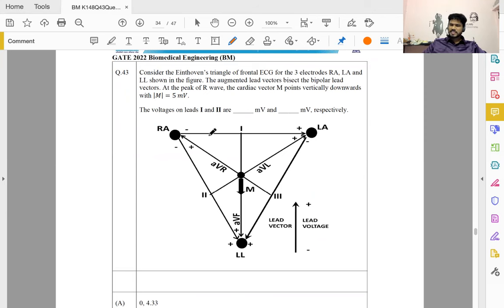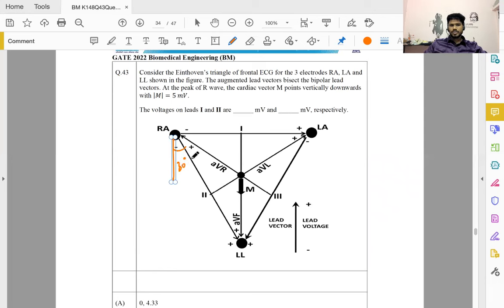Actually, they gave the hexaxial reference system and all. I asked everyone to memorize this, the angles. Lead 1 is at 0 degrees. Lead 2 is at 60 degrees. Lead 3 is at minus 120 degrees and so on. So even if you're slightly confused, notice AVL is along this side, right? So this angle is 30 degrees.